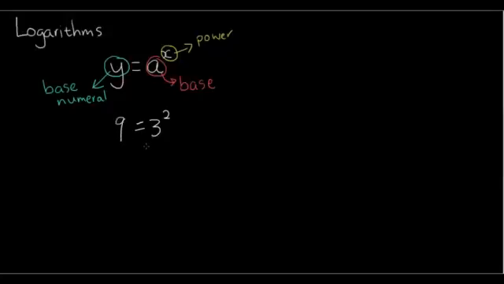Right, 9 equals 3 to the power of 2, because 3 times 3 equals 9. And let's say we didn't know that this number was 2. So this number here is x.